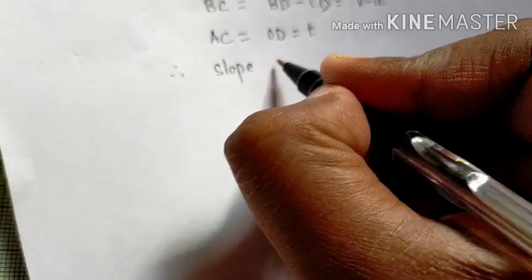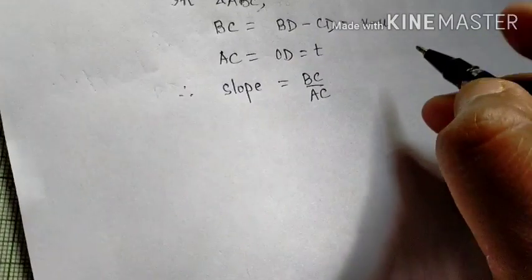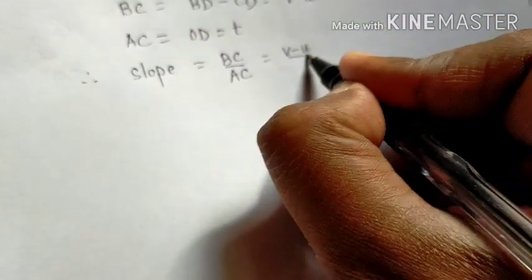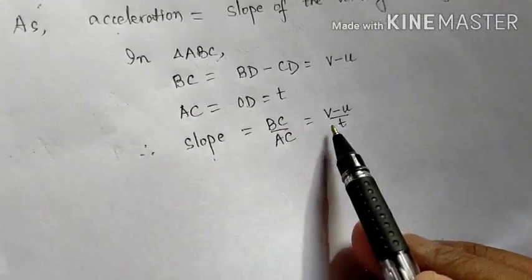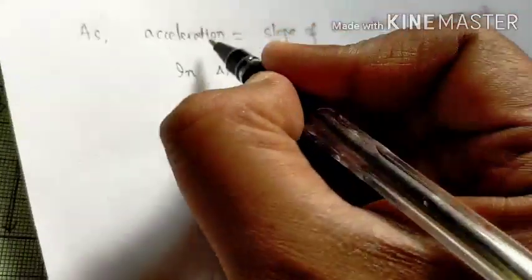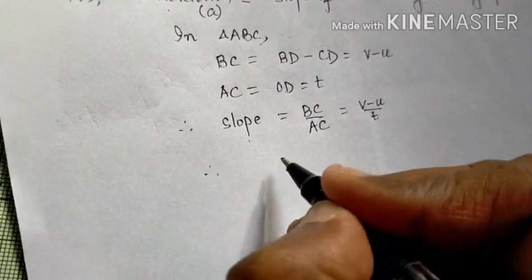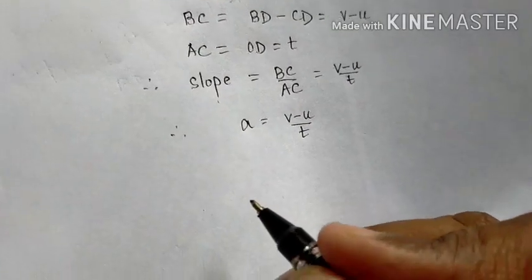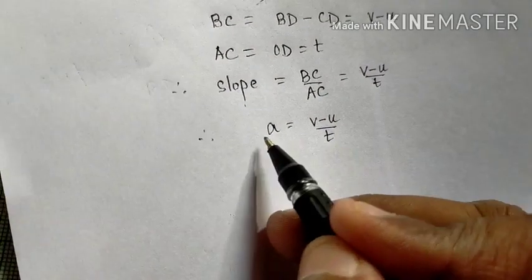So therefore slope is equal to BC divided by AC, and that is equal to V minus U divided by T. Now as acceleration is equal to slope, that is V minus U by T. Acceleration is symbolized by the alphabet A. So let's write down the equation as A equal to V minus U by T. This is the equation that we obtain after substituting the value of slope.